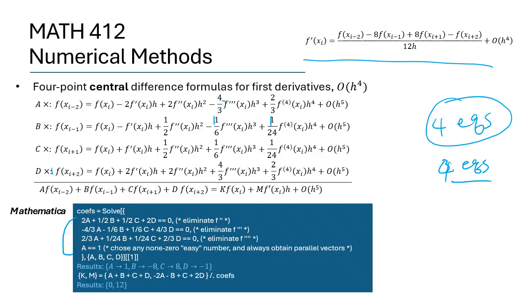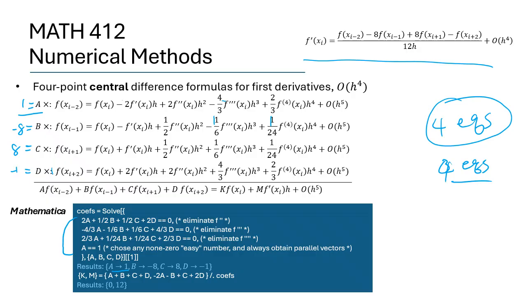You just solve it, and Mathematica gives us the answer. A is 1, B is -8, C is 8, and D is -1.